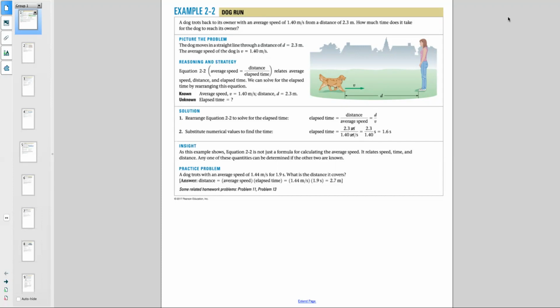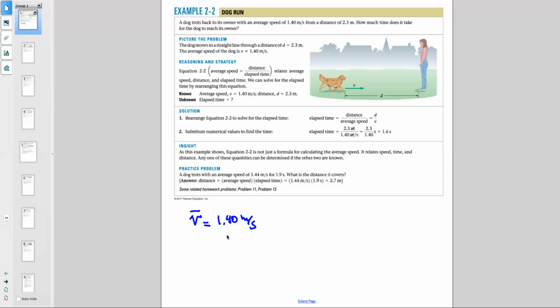Perfect. Now, we have a dog that has an average speed of 1.40 meters per second. So I know that on average, I'm going to just use a bar. I can write AV as an average here, but I'm just using a bar, meaning that I'm talking about the average speed of 1.40 meters per second for the dog, and the distance is 2.3 meters.